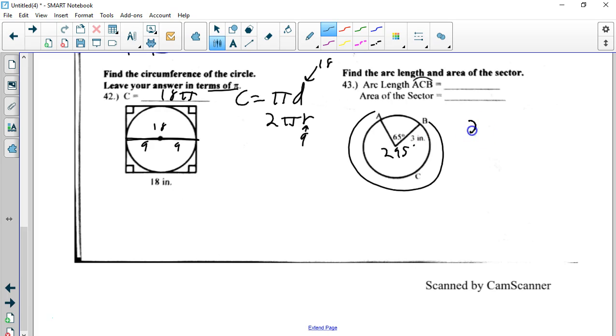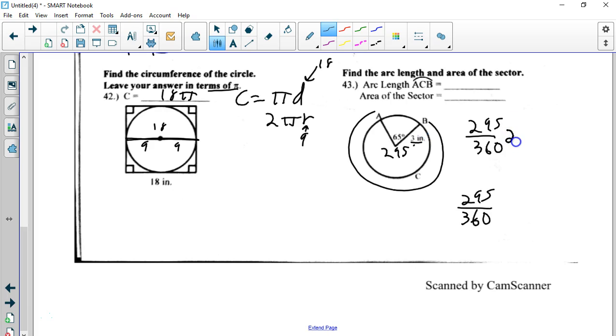So we're going to do two things. We're going to do 295 over 360, the central angle over 360, both times. And this formula is on your cards, on your sheets. So remember, the radius is 3, that's important. We're going to do the arc length first.